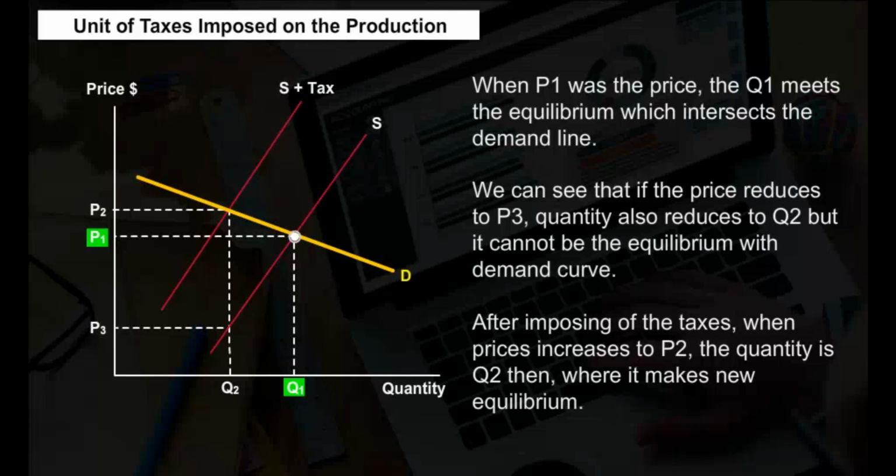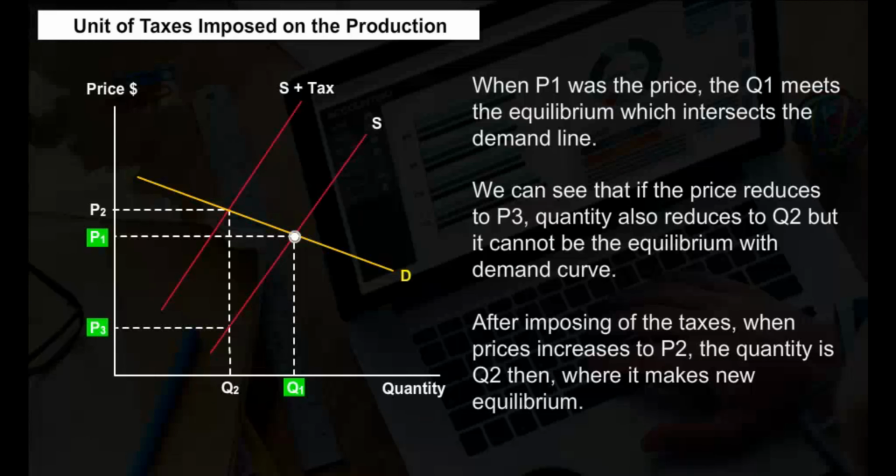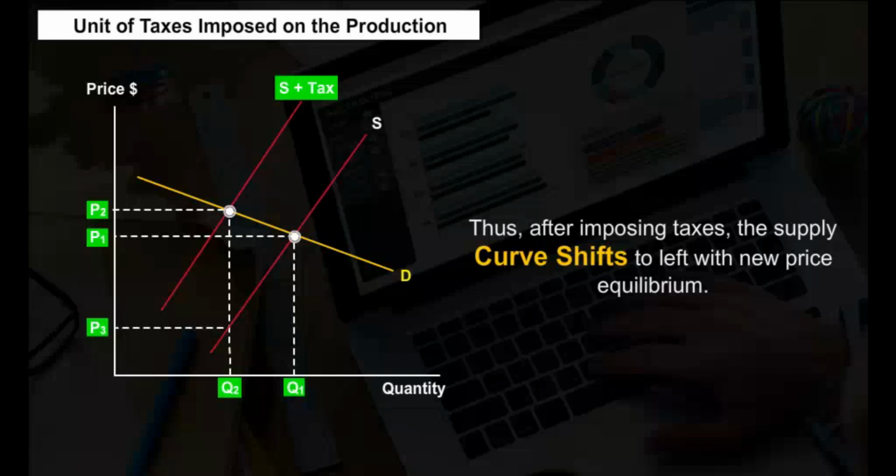We can see that if the price reduces to P3, quantity also reduces to Q2, but it cannot be the equilibrium with the demand curve. After imposing the taxes, when price increases to P2, the quantity is Q2, where it makes a new equilibrium. Thus, after imposing taxes, the supply curve shifts to the left.